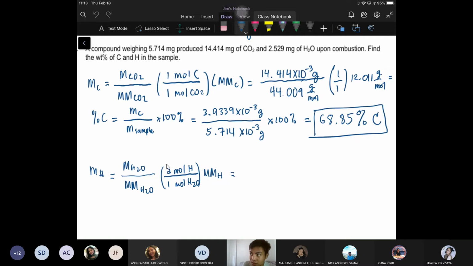Ganito talaga yung equation sa stoic. Given, desired. Given mass, given molar mass, coefficients ay yung stoic factors nila, then molar mass ng desired, no? Ayan, mag-plug in na kayo ng answers niya.